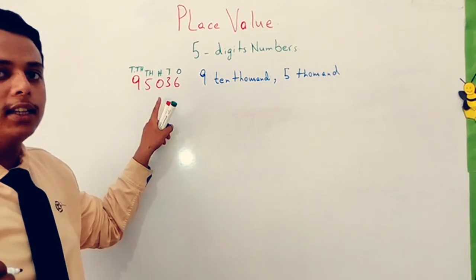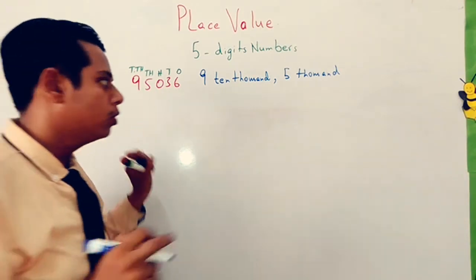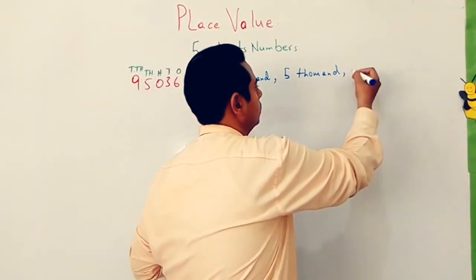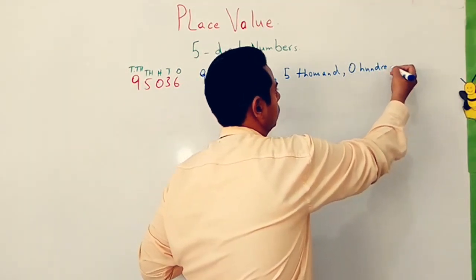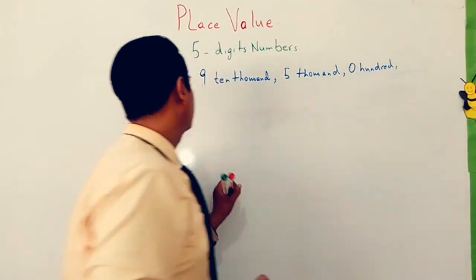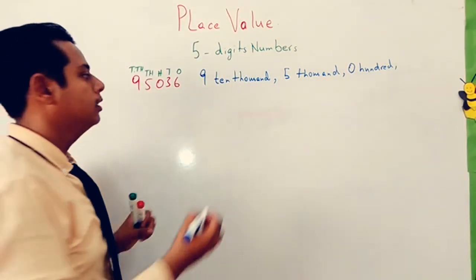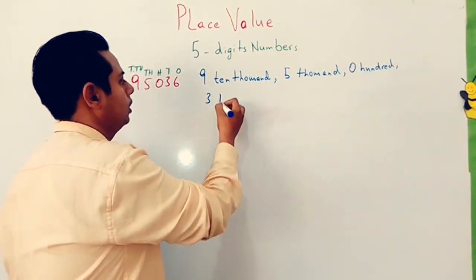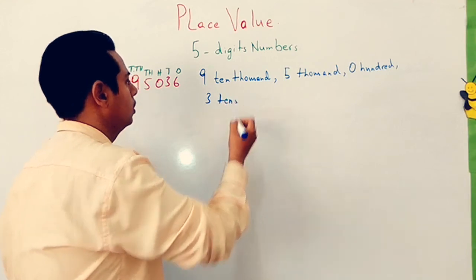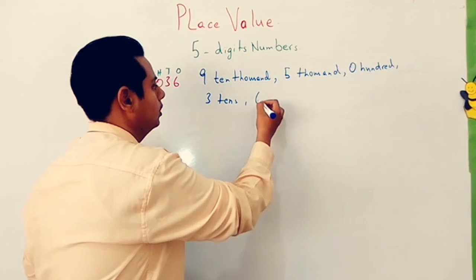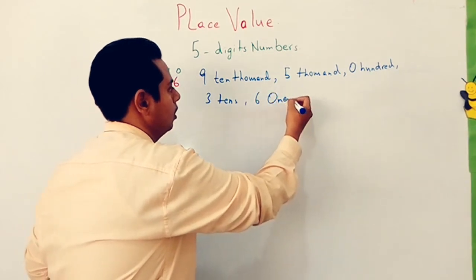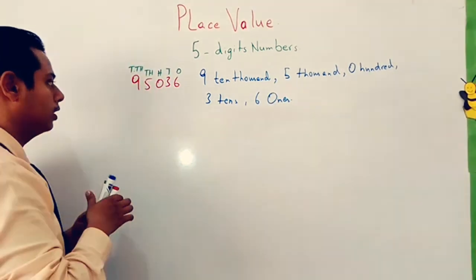How many hundreds are there? 0. So what will you write? 0 100. Then how many tens are there? 3 tens. And how many ones are there? 6 ones. Okay, one more example I am giving.